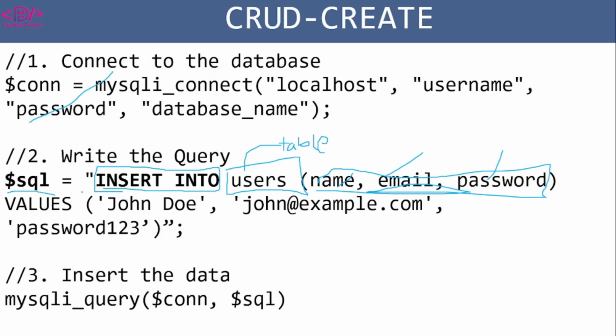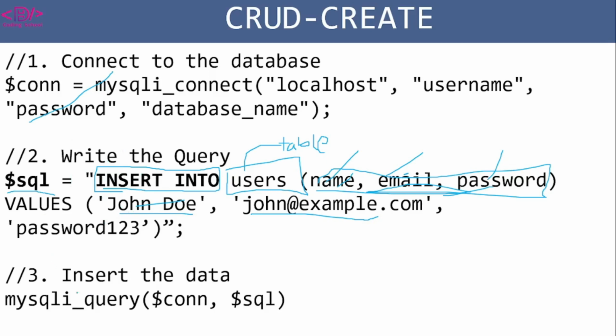The SQL continues with values, and these are the actual values that we add into the database. You can see John Doe matches the name, the email is john@theexample.com, the password is password 123. These must match. So this is the SQL command that is going to help us insert the data.